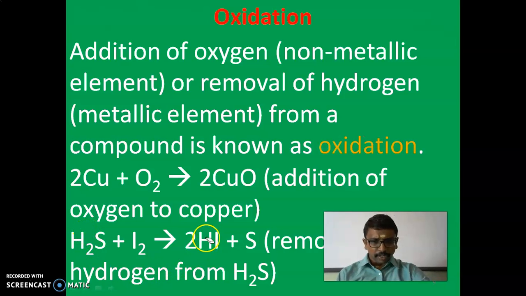From that it will form HI. The H2S is converted to HI. One hydrogen is removed, and from that it forms hydrogen iodide. So here removal of hydrogen takes place. So oxidation means addition of oxygen or removal of hydrogen, or we can tell it as loss of electrons.